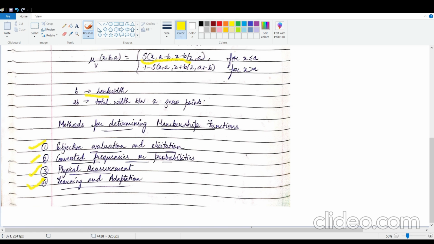The reason being, you come up with a random function and then you try tweaking the parameters in it and then try understanding how well the function actually suits the values that are given in your data set. So this is actually closer to your ML. So ML's application is definitely over here.